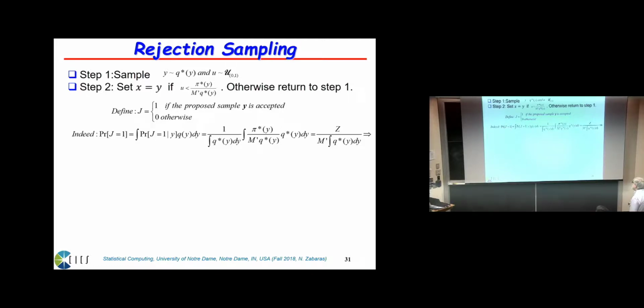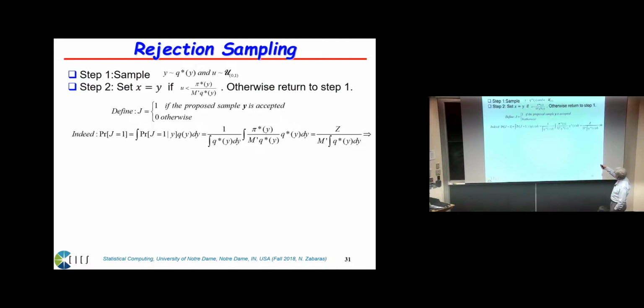Notice that when I write the probability of acceptance, there's no mention of any sample here, so you have to use the divide and conquer sum and product rules of probability. So condition this on y, assuming that y comes from q of y. If you draw y, this is the probability of accepting that y, and that's the probability that you see here, right? From where is that probability coming? Because I gave you the algorithm, and now I'm going to try to prove that the algorithm works, right?